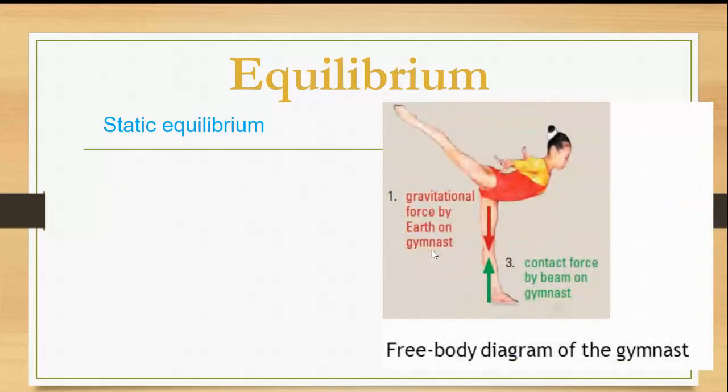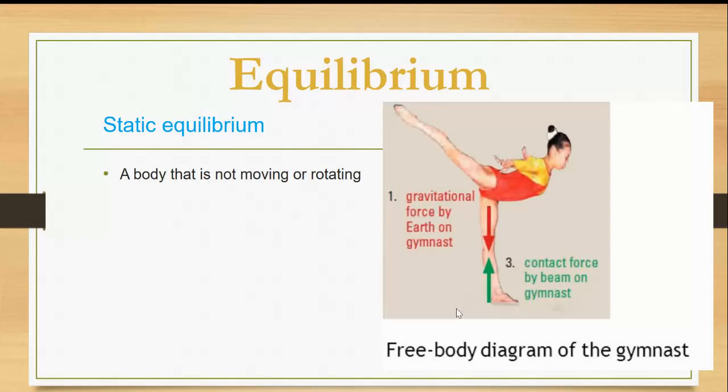So you can see this gymnast is in equilibrium because all the forces acting on her are equal. You can see they have the gravitational force by the earth on the gymnast pulling her down, and the contact force by the beam on the gymnast. Okay, so her weight is what's pulling her down, and the contact force is equal to that.